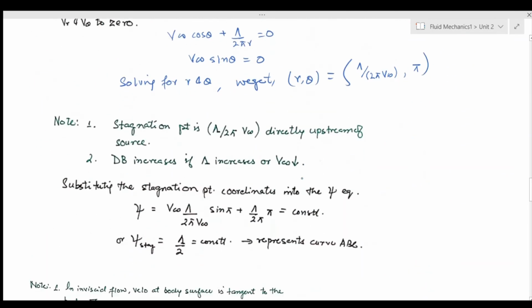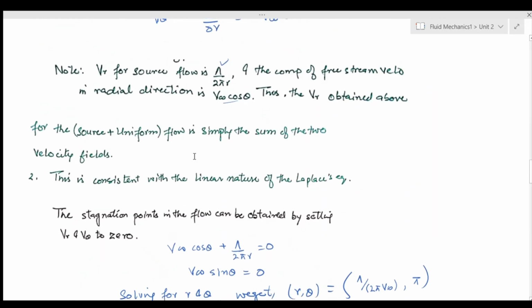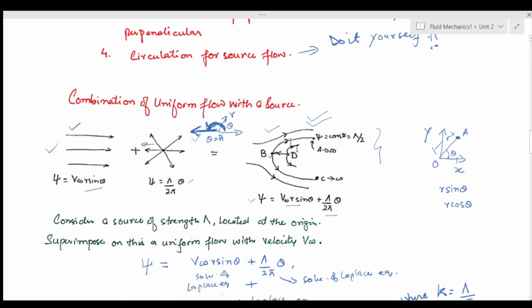So that was the first point which I can see, that the stagnation point, which is at a radial location of lambda divided by 2 pi V infinity, is directly upstream of the source. And this length dB, you can realize yourself, would increase if the strength of the source increases.